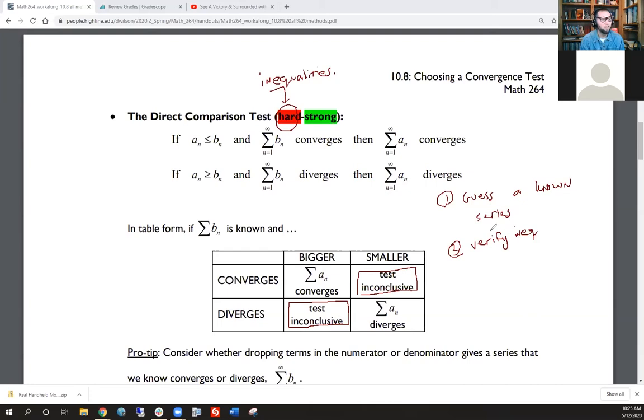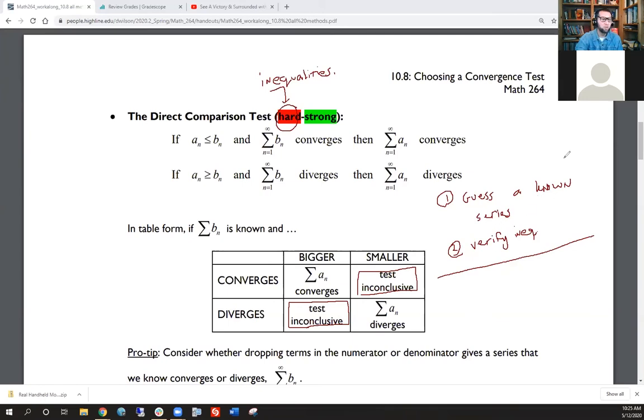What kinds of things would be good candidates for comparison tests in general? In general, we would be looking for the direct comparison test when we're at what kind of series or series-ish stuff? Known series? Yeah, well, known, and then what kind of known?